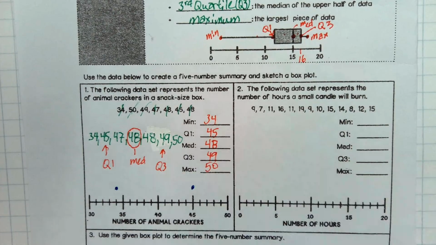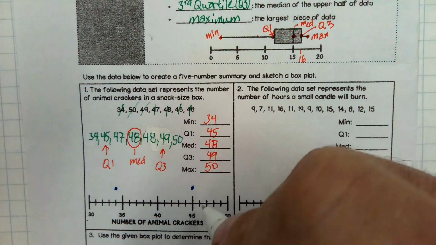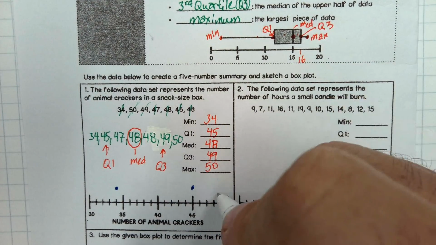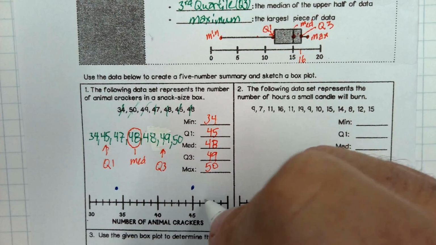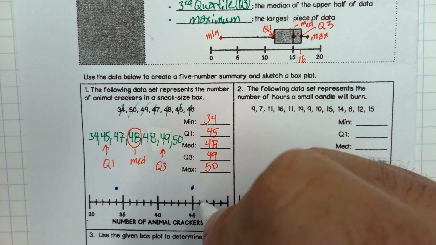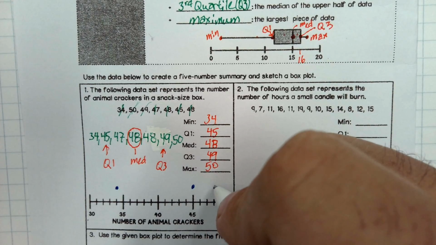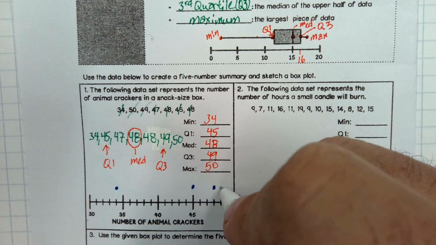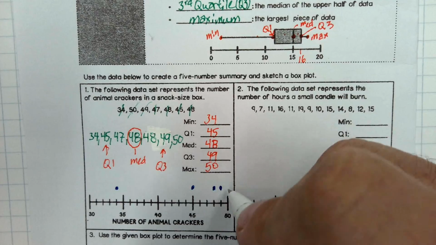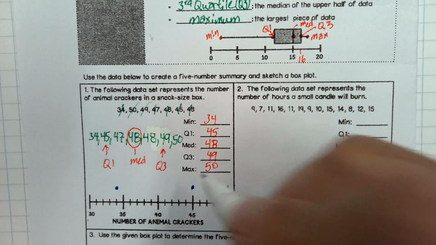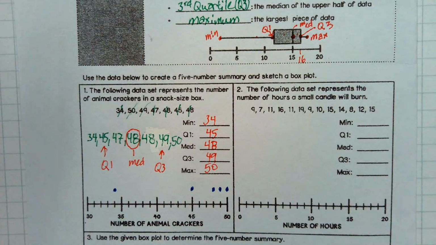Look for 48. Right there. And then 49 right next to it. And then 50. So go ahead and make those 5 points.